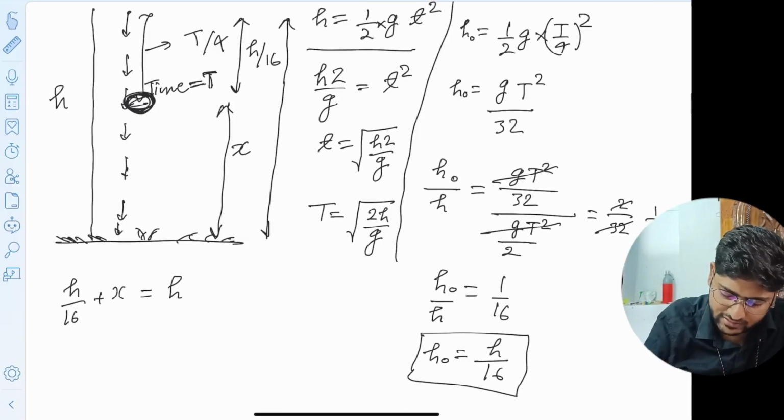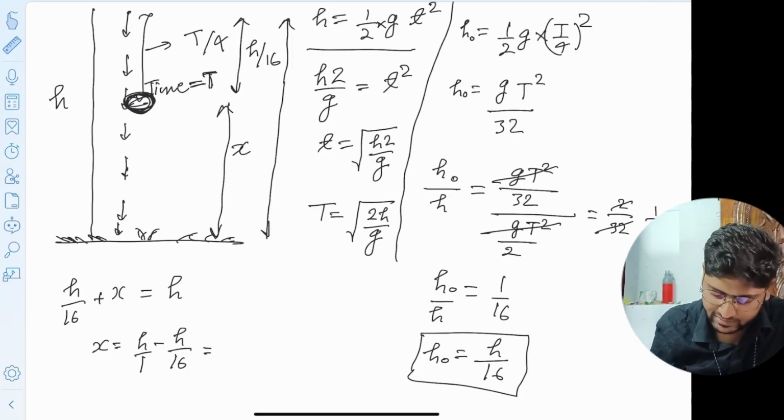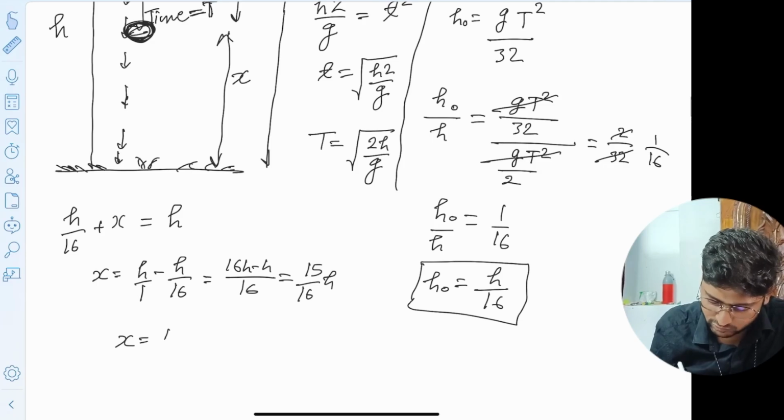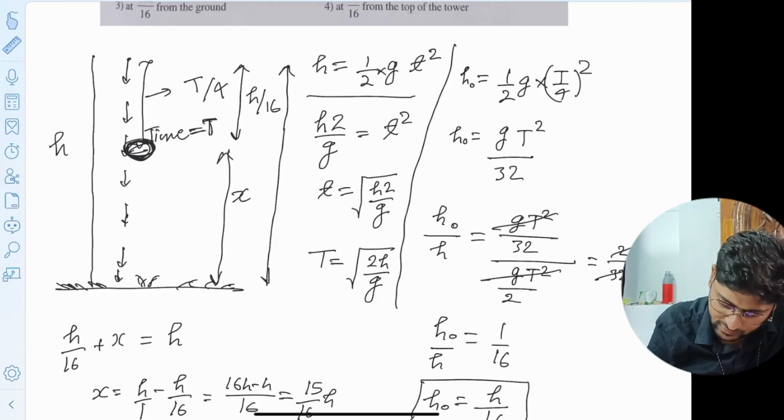So x equals h minus h by 16, taking LCM, equals 16h minus h by 16, which is 15 by 16 h. So x equals 15 by 16 h. So this is h by 16 and this is 15 by 16 of h.